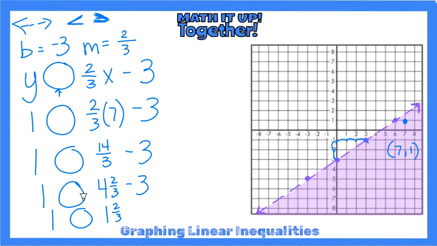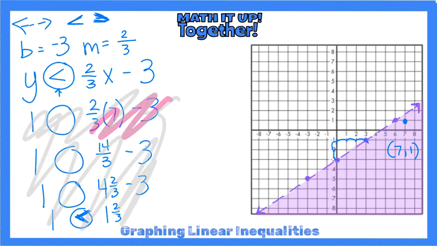And 1 is definitely less than 1 2/3. So this should be less than. Now, not a bad idea to put in a second point just to double check my work. Let's do that now.